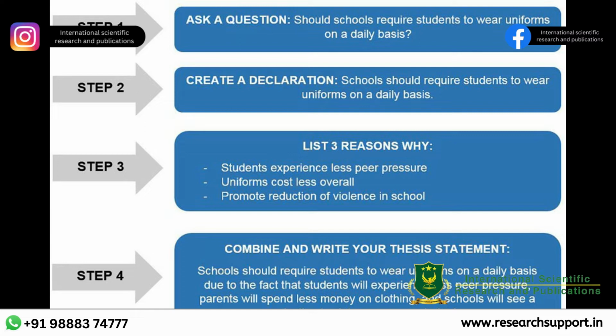Let us go to the third step, which is that you have to state or list 3 reasons why the situation happens, or the evidence and the reasons that should support your statement. At this stage, the research process begins in earnest. The thesis statement serves as a guide and a starting point for the research process.